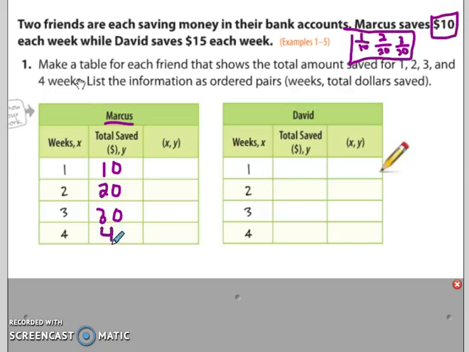And for 4 weeks, he's going to have saved $40 total. Now, over here we see x comma y. If you guys remember, those are coordinates. So weeks will be what we put for x, so it would be 1, comma, and y is what we put for our total. So 1, 10.